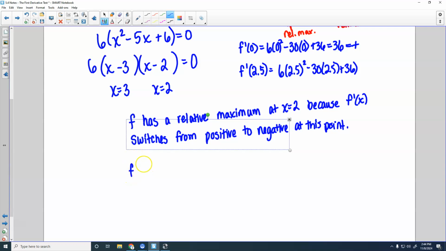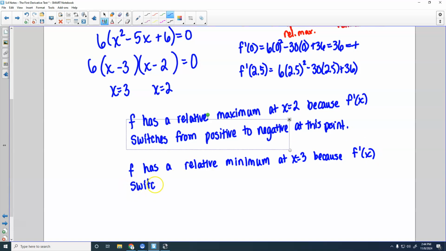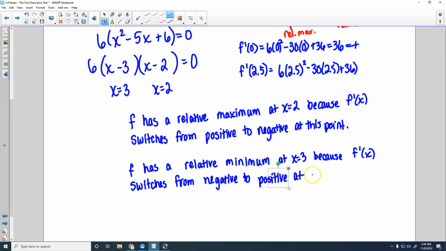F has a relative minimum at x equals 3 because f prime of x switches from negative to positive at this point.